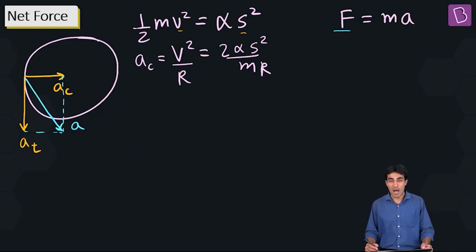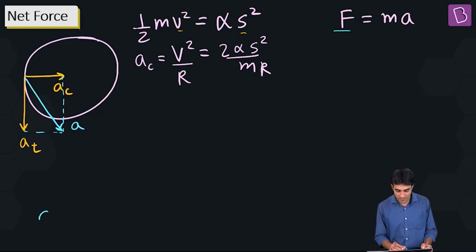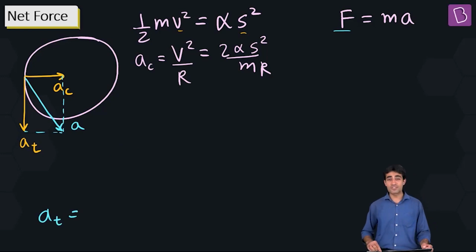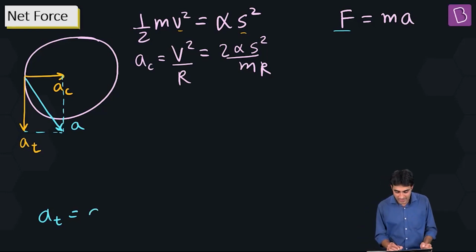Fine. Now let's talk about the tangential acceleration. By the way, what is this tangential acceleration? What was the definition of tangential acceleration? You will say, well, if we try to define tangential acceleration, we must know how the speed is changing. In fact, the definition of tangential acceleration is rate of change of speed.